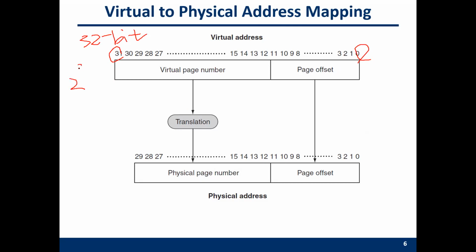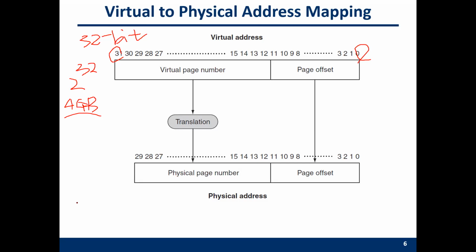So 2 to 32 means 4 GB, because the memory, no matter physical memory or virtual memory, is byte addressable. If this virtual memory address is 32 bits, then 2 to 32 is 4 GB. This is the capacity of the virtual address of an application.